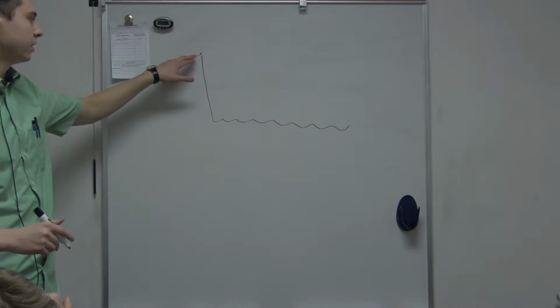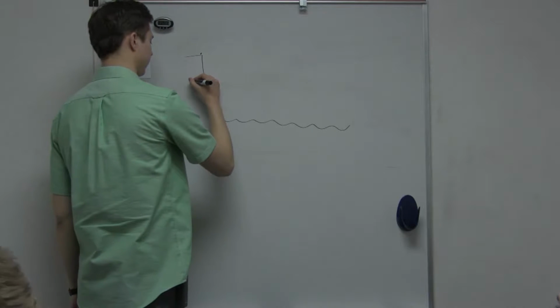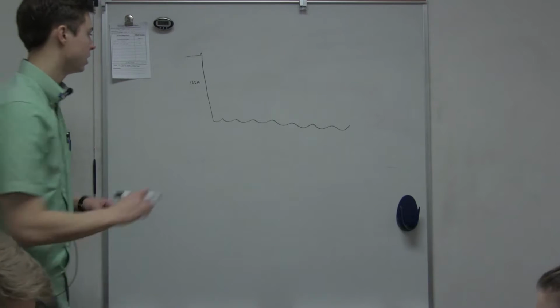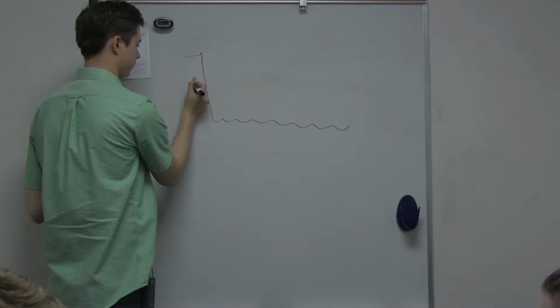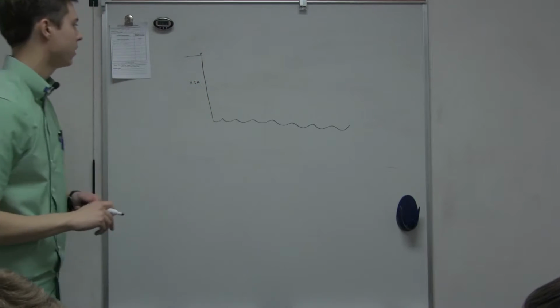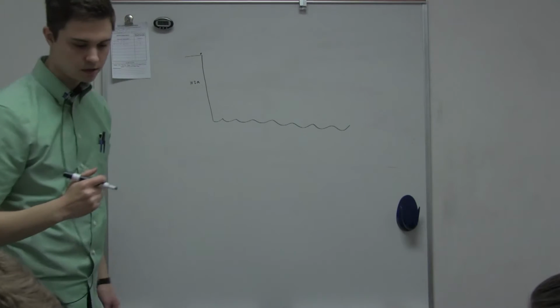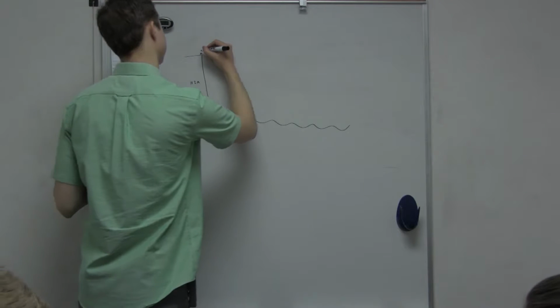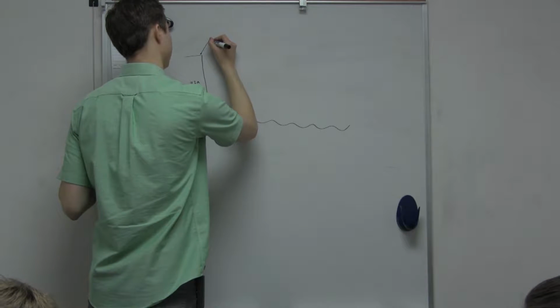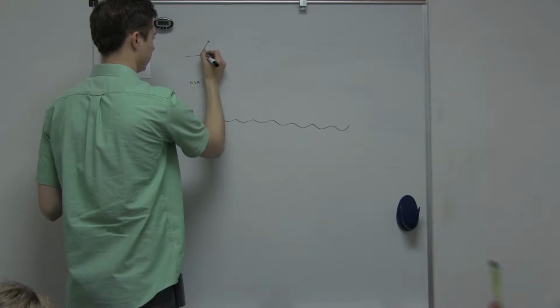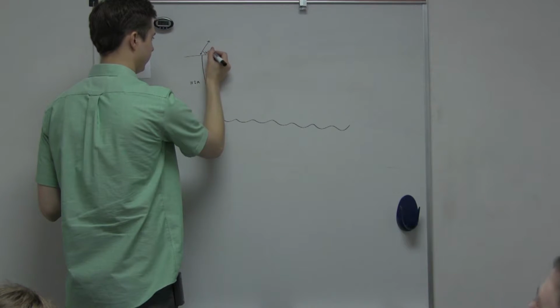So we know here's the edge of our cliff. It's 122 meters tall. 112? 112. Oh, it was 112? Yep. Good catch. 112 meters tall. And we're firing it at, what angle did it say? 67. So kind of a steeper angle. So 67 degrees.